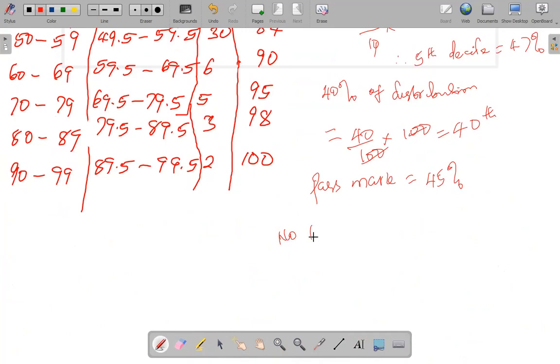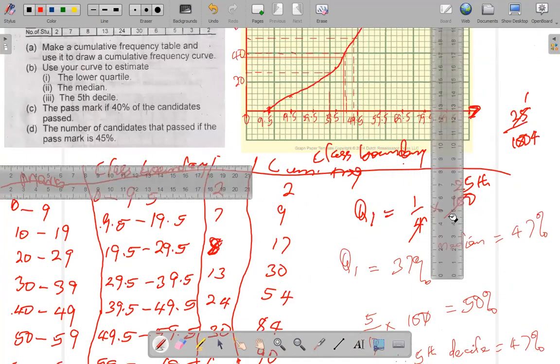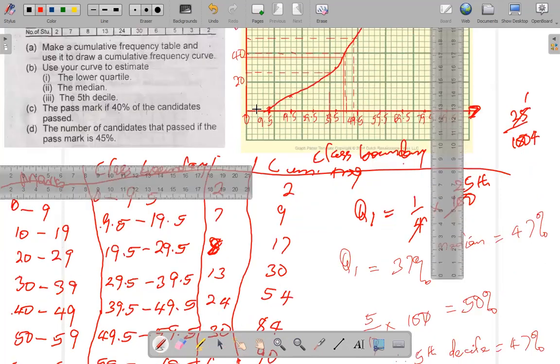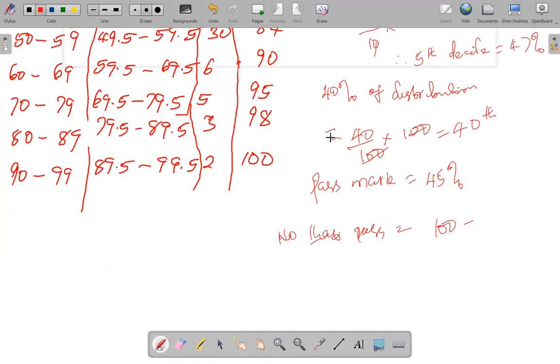Number that pass is equal to 100 minus 38, or 100 minus 36, which is 54. So 54 or 5.